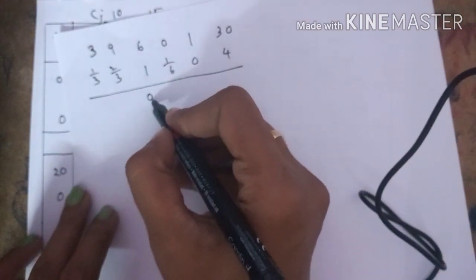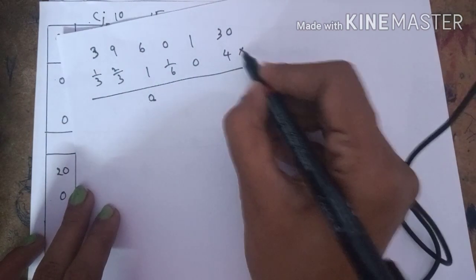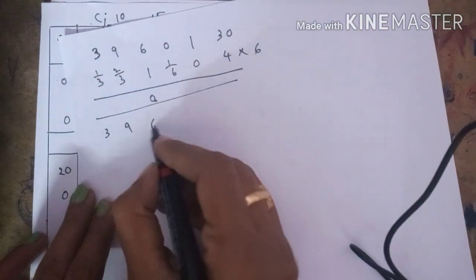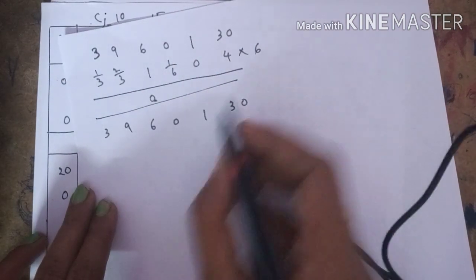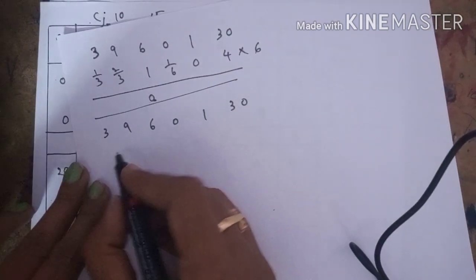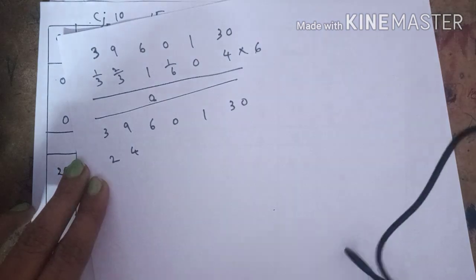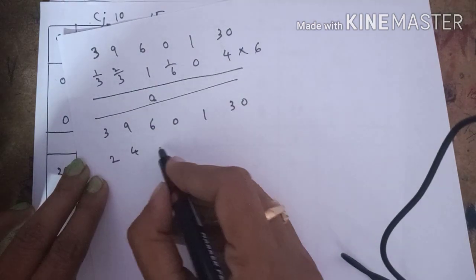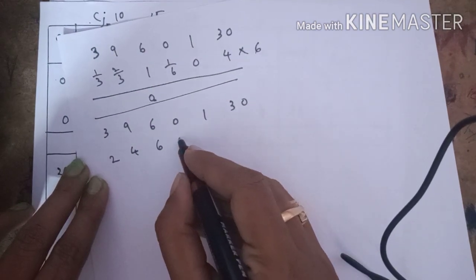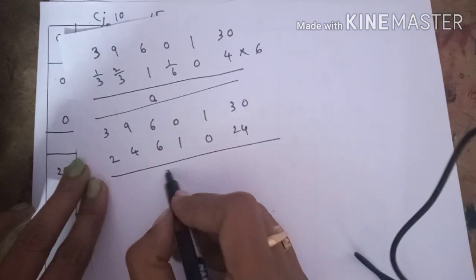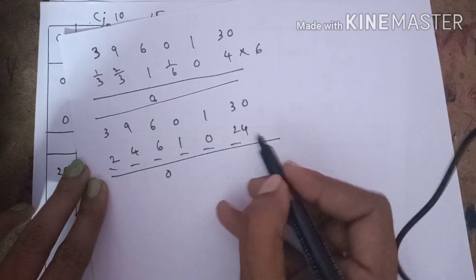Now here to get 0, I have to multiply the second row with 6. Now 3, 9, 6, 0, 1, 30. 6 into 1 by 3 is 2. 2 by 3 into 6 is 4. 6 into 1 is 6. 6 into 1 by 6 is 1. 0. 6 into 4 is 24. Now we will subtract, to get 0 here we have to subtract.